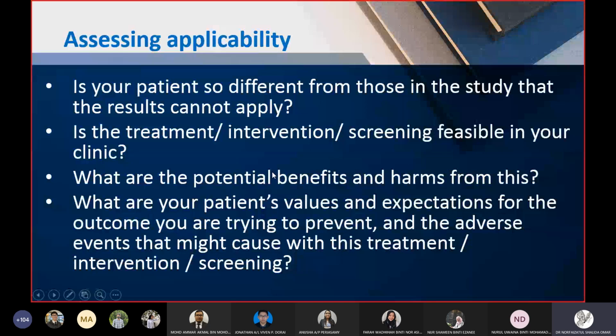Do you have enough facilities? And then what are the potential benefits and harms? Yes, of course, these are the main things. And what are your patient's values and expectations for the outcome you are trying to prevent, and the adverse events that might be caused by this treatment, intervention or screening? So these are the things that you need to take into consideration before applying it to the patient.